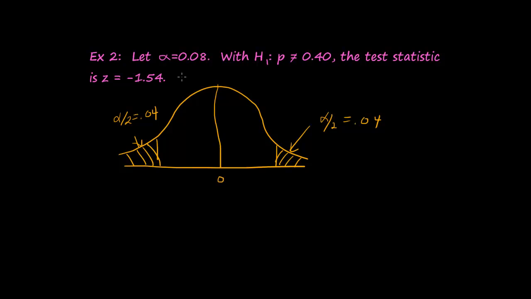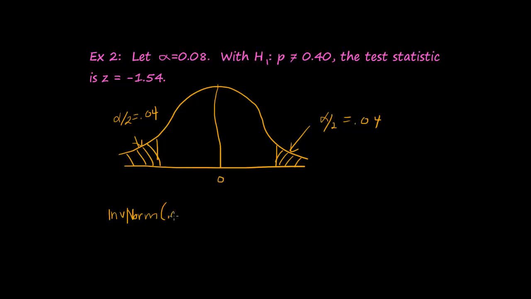Okay, so in order to know where our test statistic lies, we need to find out what these critical values are. So the critical values for 0.04, we know because of our symmetric graph that this will be a negative z-score, and this will be the positive of the same z-score.